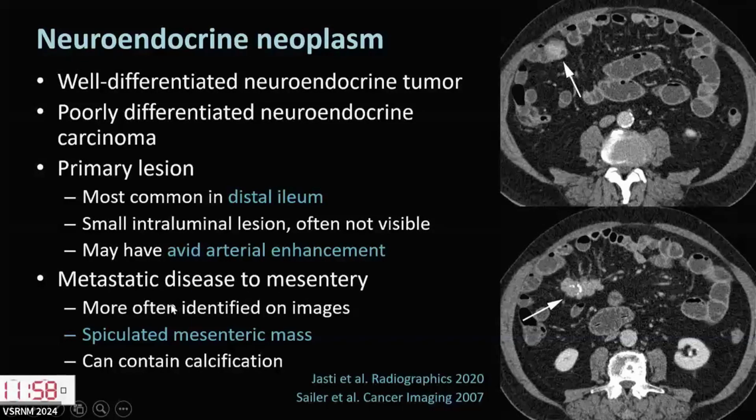And it often will have metastatic disease to the mesentery, which is more easily identified on the images. And there will be a desmoplastic reaction causing fibrosis, so the mass will appear spiculated, and it can typically contain calcifications.